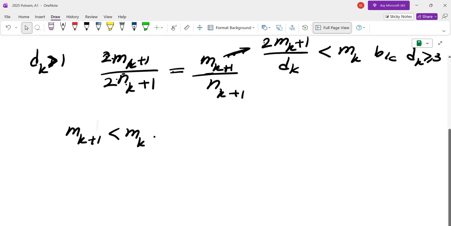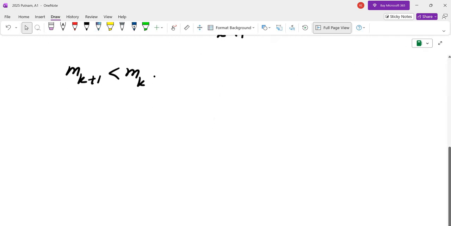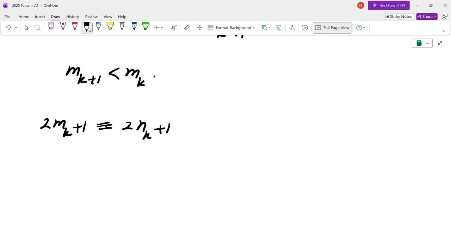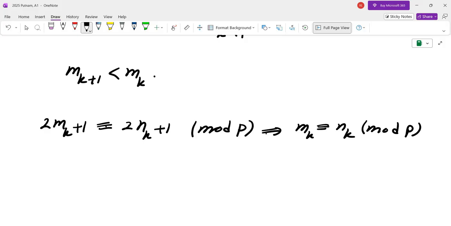So then I thought maybe I can take a look at what happens if something divides 2^m(k+1) + 1 and 2^n(k+1) + 1 and then see what happens. Well, if 2^mk + 1 and 2^nk + 1 are congruent to each other mod some number, let's say mod a prime p, that tells me that mk and nk would also have to be the same mod this prime p.